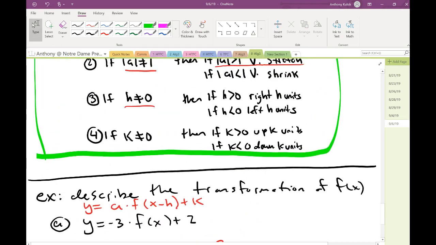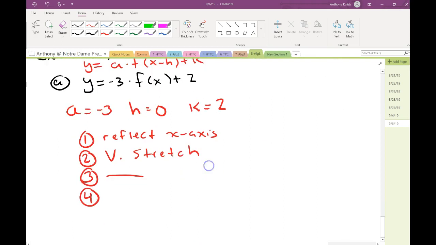It says if k is not equal to 0. What was our k? 2. So this one applies, and since 2 is greater than 0, I know we're going to go up 2 units in this case. Everybody okay with how I've used that information?